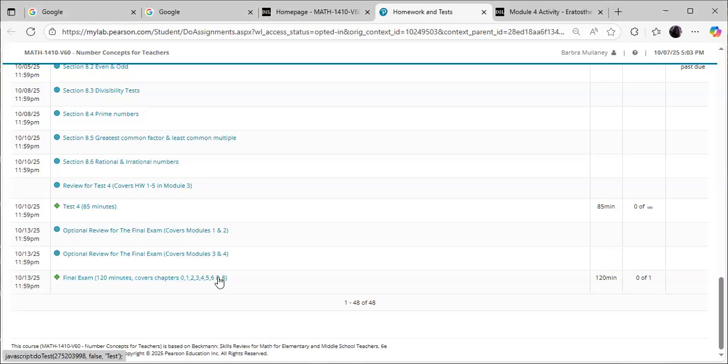And then the final exam will close on the 13th, which I think is a Monday. I will be traveling on that day, so what I've been doing is certainly looking at my emails and submitting grades while I'm overseas.